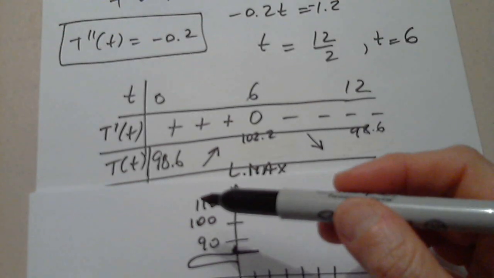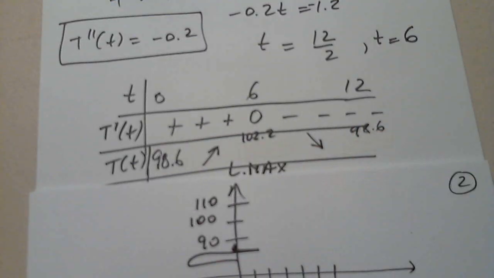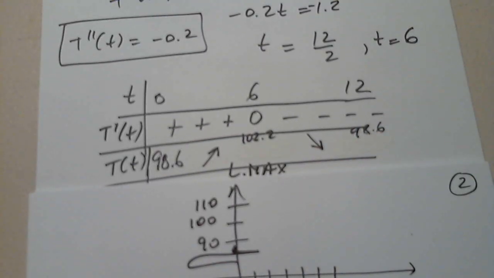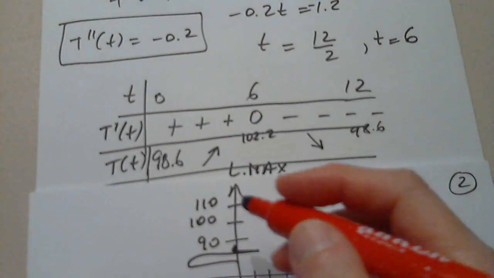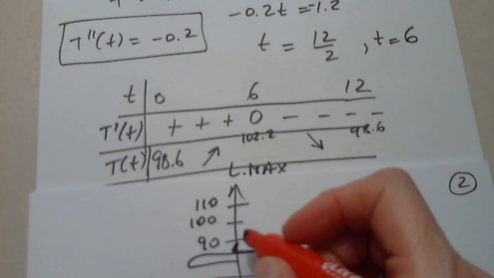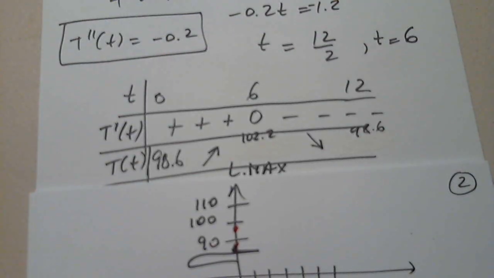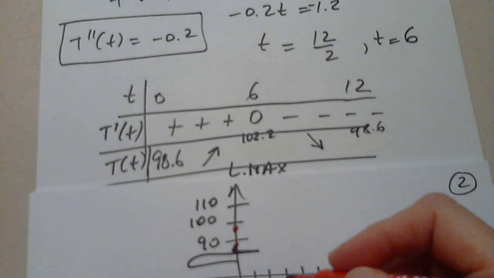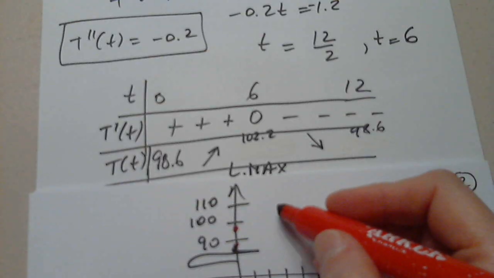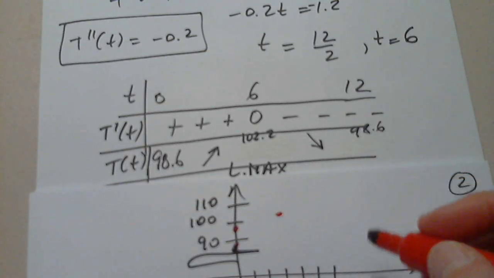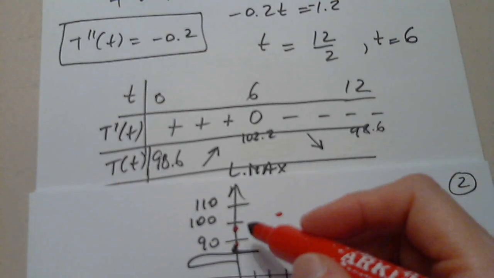So at 0, let me see if I can use a different color. At 0 is 98.6. At 6 is 102. And back here. That's all I need.